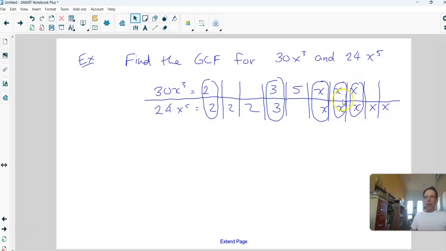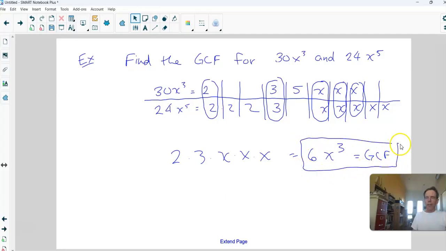You can see why it's called the common factor, right? We have common prime factors of 2, 3, and 3 x's. So 2 times 3, and then we have 3 x's because 3 stacks got circled here. That's 6x cubed. So apparently that is the largest quantity that divides into both of these quantities.